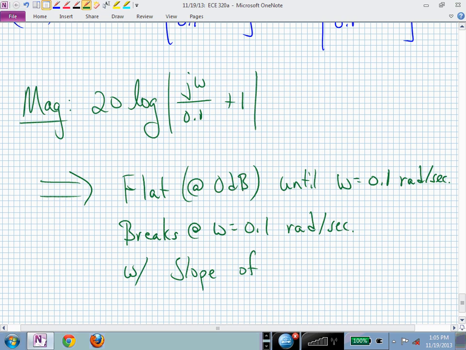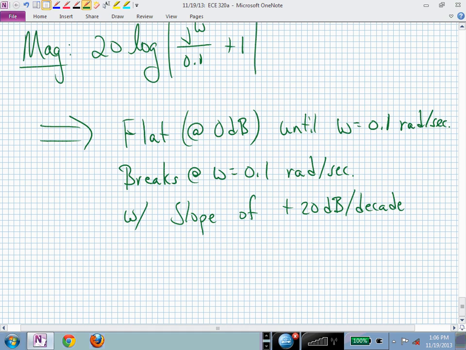We have 20 log of omega, don't we? And log of omega is what our independent variable was plotted with respect to, so it's now changing at a slope of 20 times log of omega. This is a zero factor, which is upstairs in our transfer function, and so our slope change is now positive. It's plus 20 dB per decade after that break. So we now have a slope of plus 20 dB per decade. And that's sort of a verbal description of what that zero factor is doing.